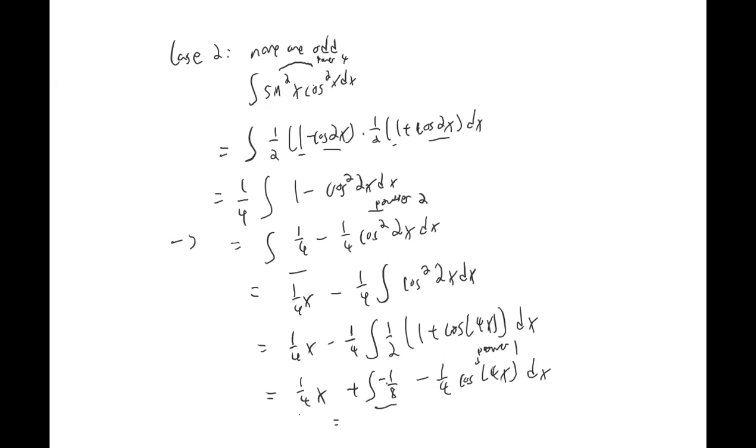So if I add 1/4, I just get positive 1/8 x. Subtract, and then the integral of 1/4 cosine of 4x, sorry, no, 1/8. Sorry about that. There should be 1/8. This should be 1/32 sine of 4x.